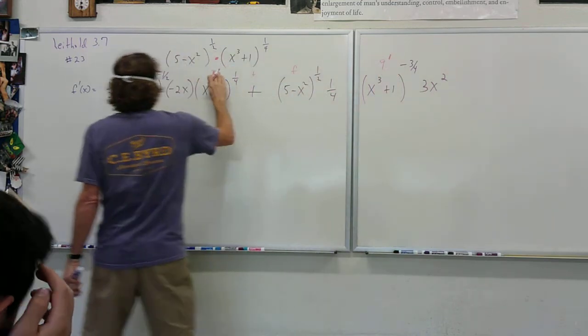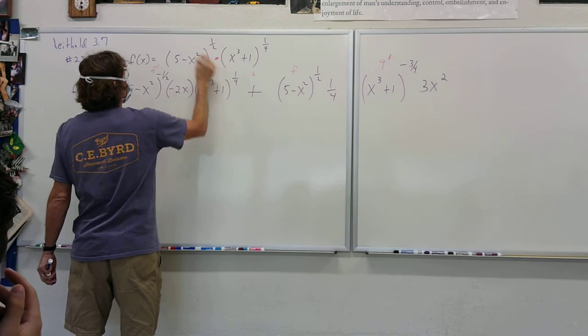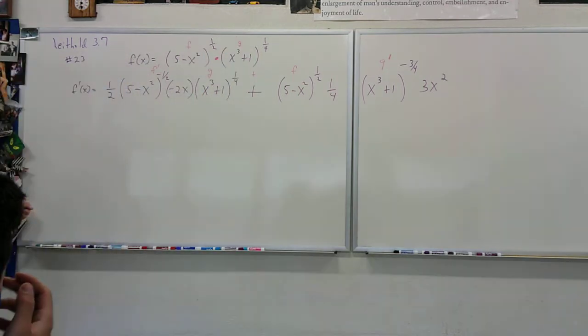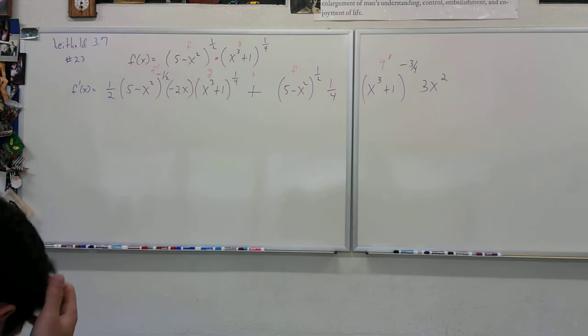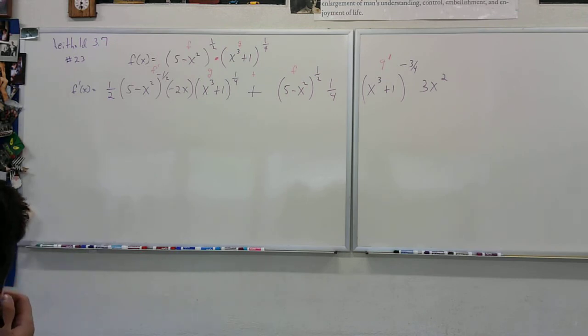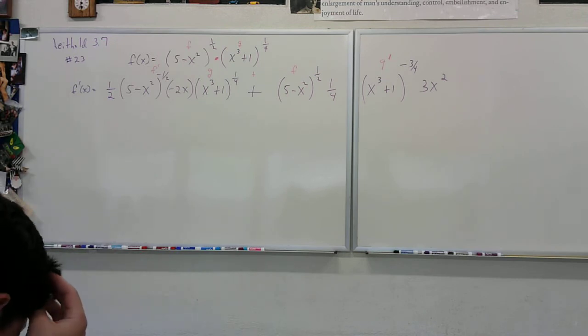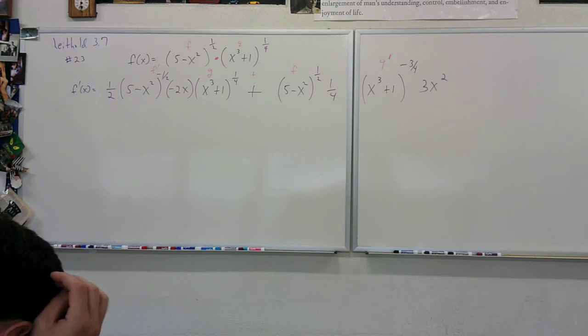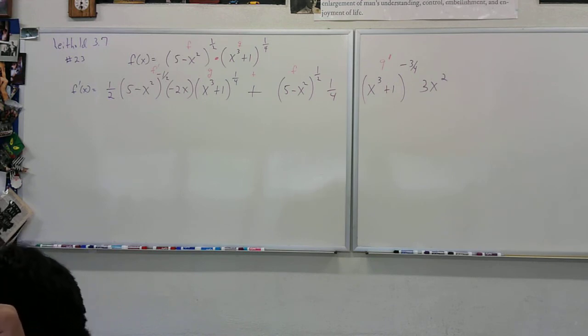Right, rule above it. Always, if you have to, write your little thoughts, write how the product rule is supposed to look. Now, when you start factoring and you're looking at the sets of parentheses, that's the first thing we'll look at.